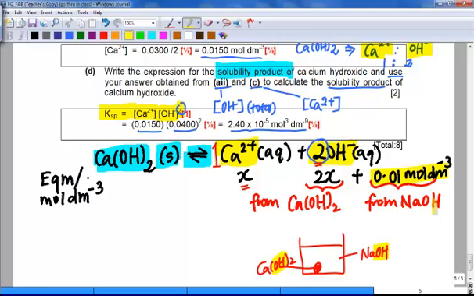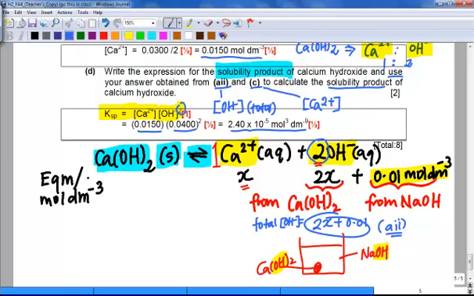So remember, this part, when we sub it into the OH minus concentration, we should take 2x plus 0.01. This is the total OH minus concentration, which we found out in A part 2. Okay, so we should sub in everything.